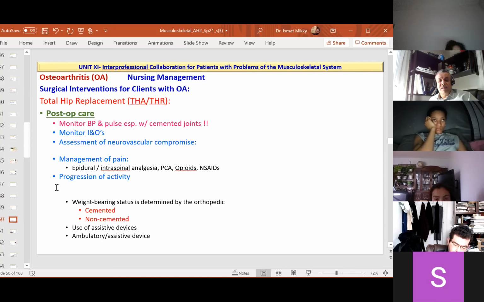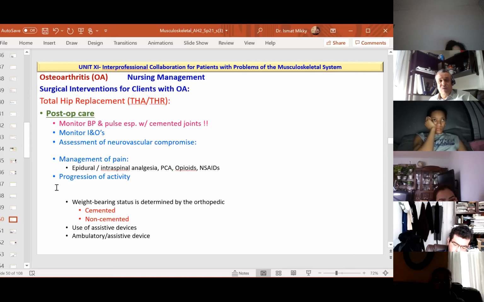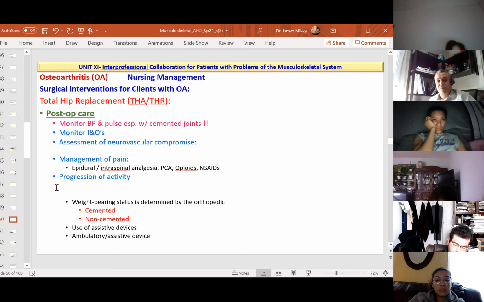For the non-cemented, it's always partial weight bearing for a few weeks before they recommend the patient use full weight bearing. So for cemented, either partial or full, but non-cemented always has to be partial weight bearing.